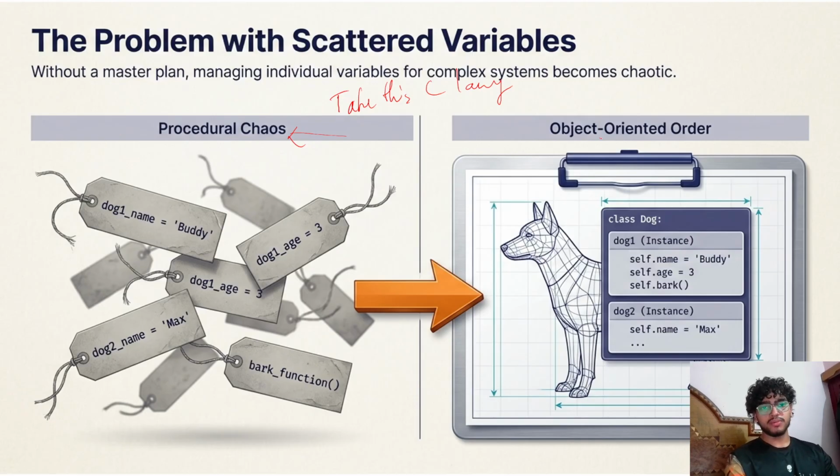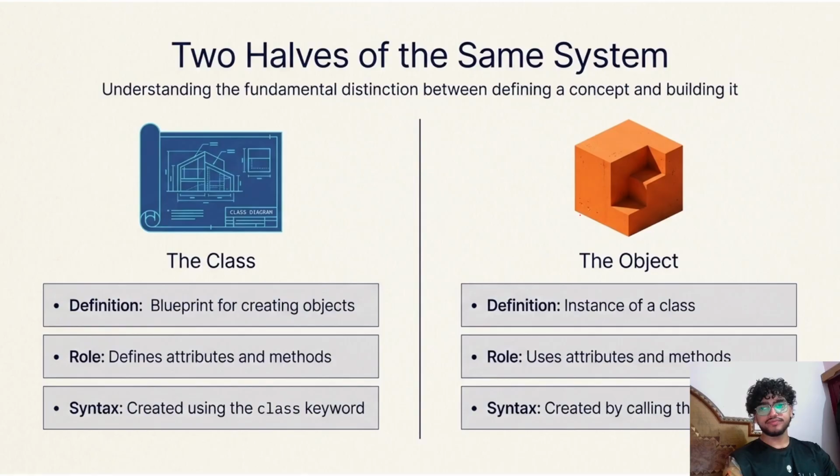So if we use the object-oriented approach, there is a class Dog, right? And there is dog1. Its name will be Buddy. Its age will be 3, and it will be barking. Now dog2 will be the same thing, and it's not in a scattered manner like this, rather it's in a structured order.